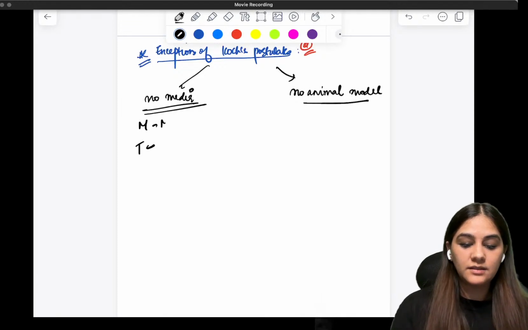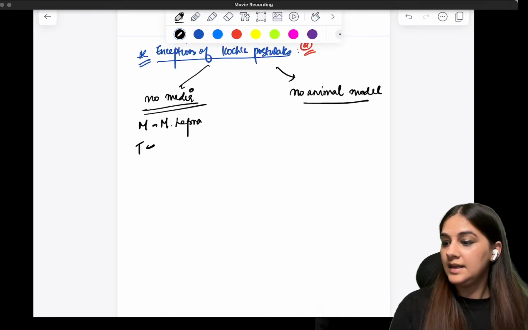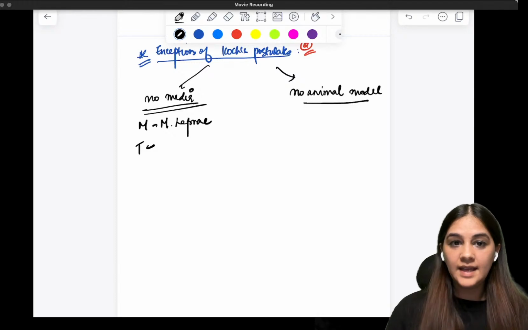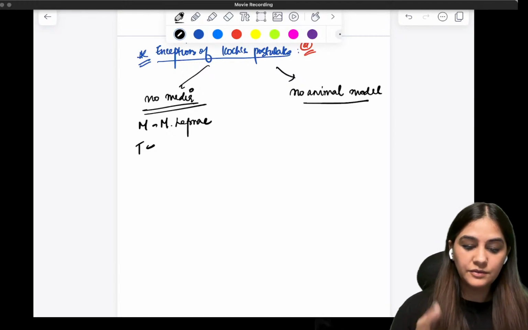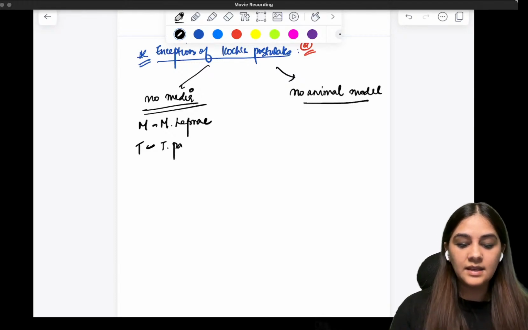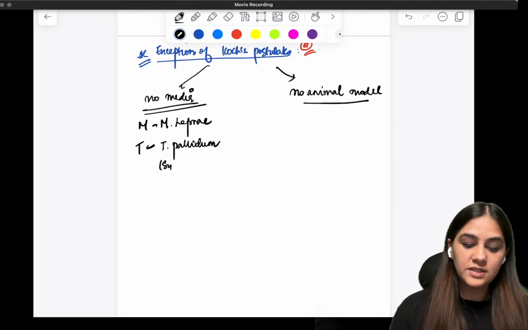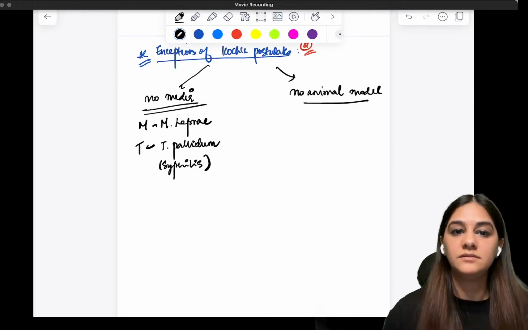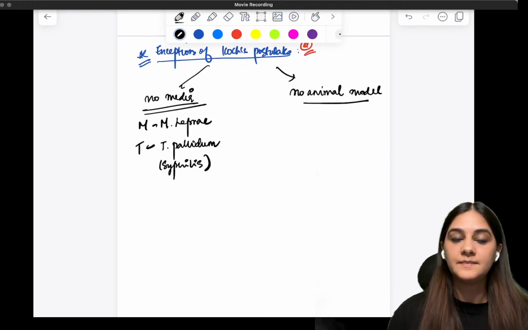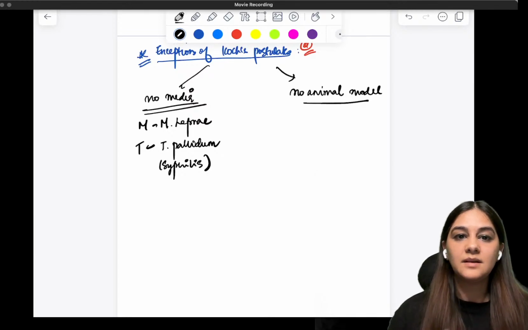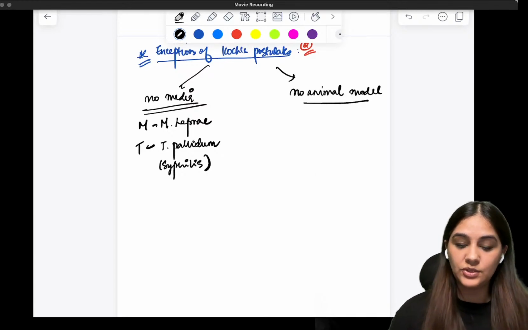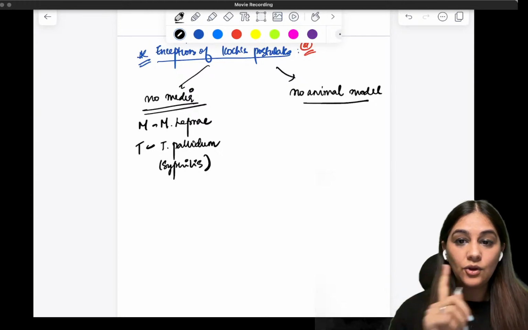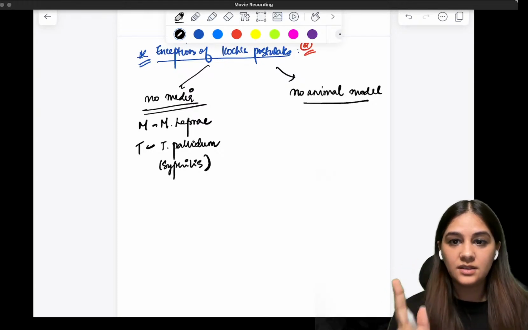So what is it? Mycobacterium leprae is the first one, and the second one is Treponema pallidum, which causes syphilis. We don't have a media to grow these two organisms, so that is why this comes as an exception of Koch's postulate. Not of the modified Koch's postulate, just Koch's postulate.